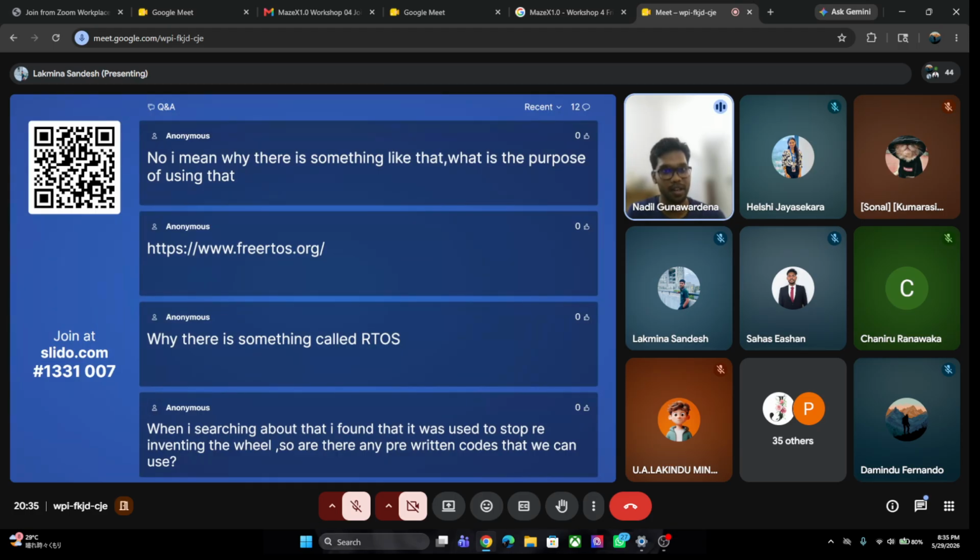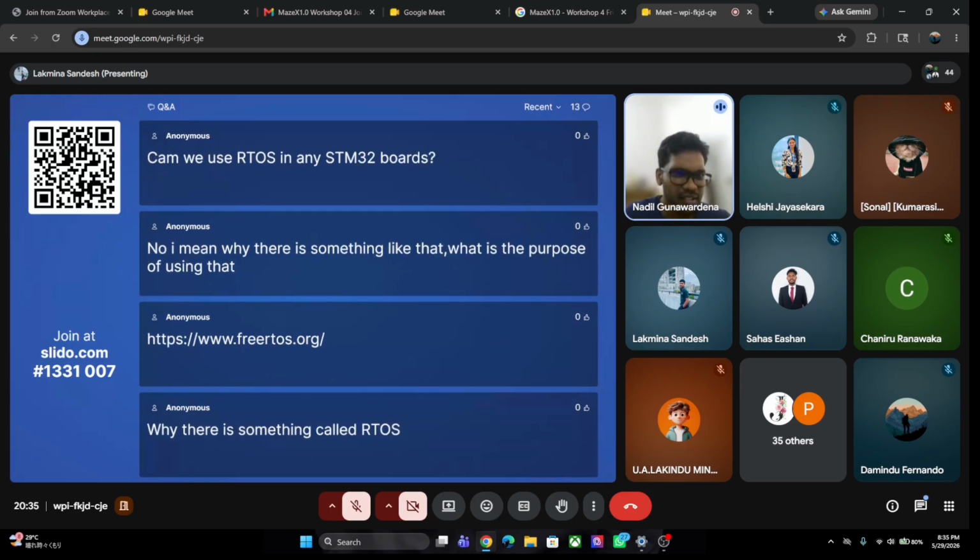What is the purpose of using RTOS for running multiple functions? I think I have given that. Can we use RTOS in any STM? Yeah, probably. I think so. I mean, we can run RTOS.